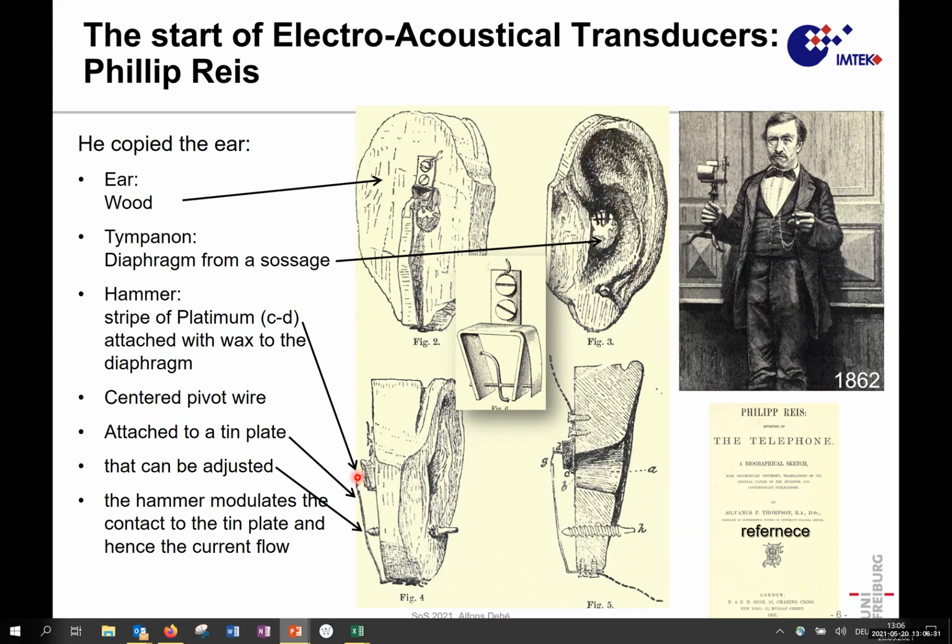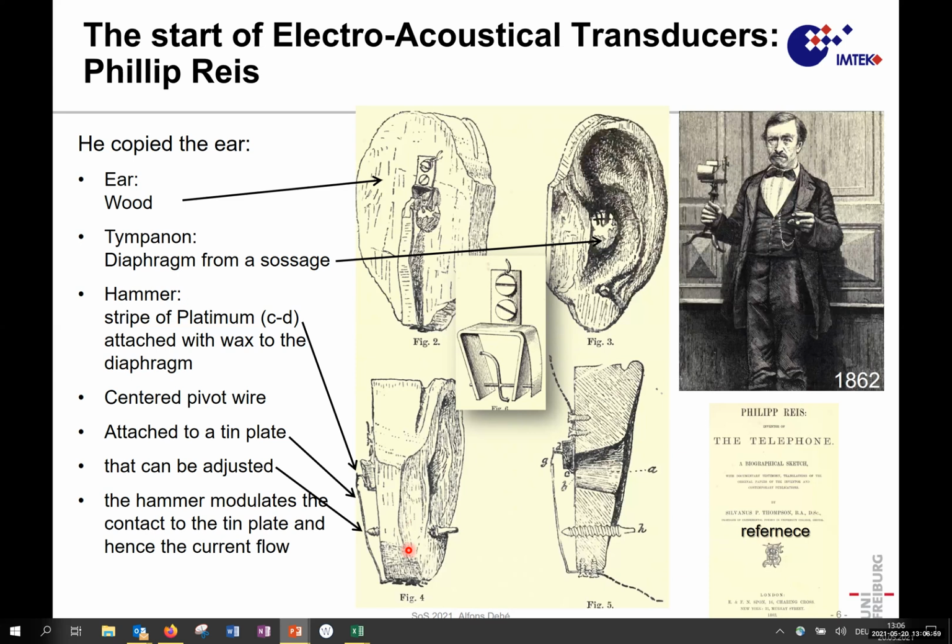And just by vibration, it makes contact or opens and closes. So it is kind of a very simple modulation with a contact. And then basically you could adjust a modulated current through this device. And this is a very, very simple demonstration of a human ear or a microphone modulating current.